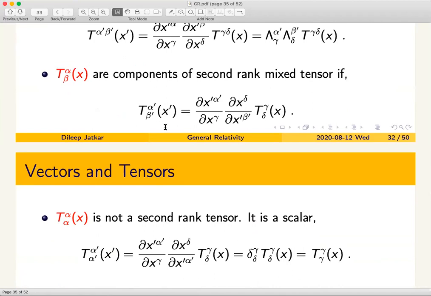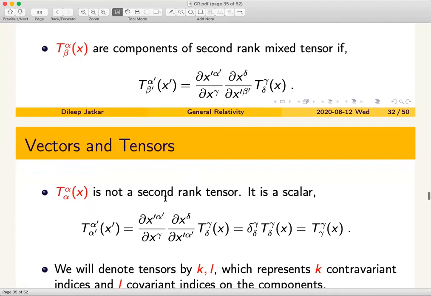You can see that by looking at how the second rank mixed tensor transformed and setting the indices appropriately. Suppose you look at T alpha prime alpha prime, then its transformation is given by del x prime alpha prime by del x gamma and del x delta by del x prime alpha prime. And you can clearly use a chain rule here to get rid of the del x prime alpha prime piece.